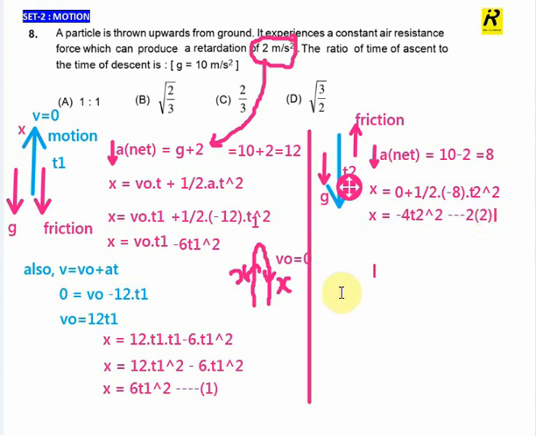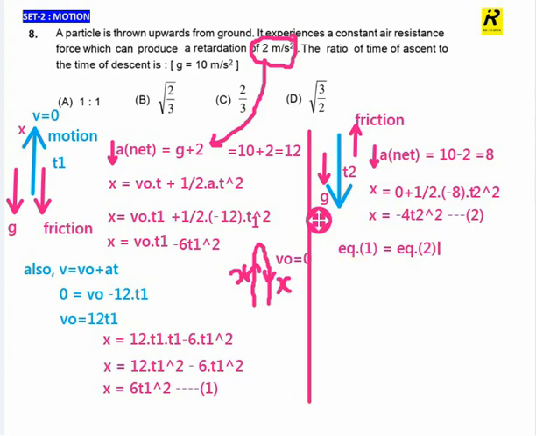I already said the upward displacement and downward displacement are the same. That means equation 1 and equation 2 are equal. So equation 1 is equal to equation 2. Using this condition, what can I write?